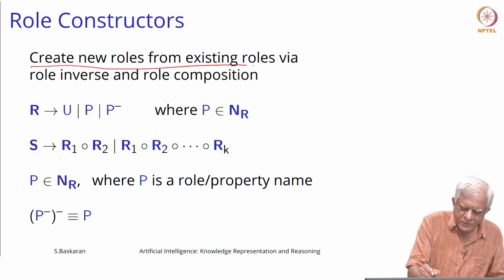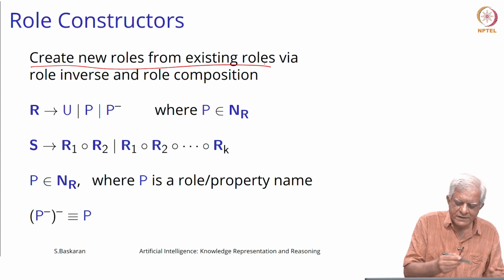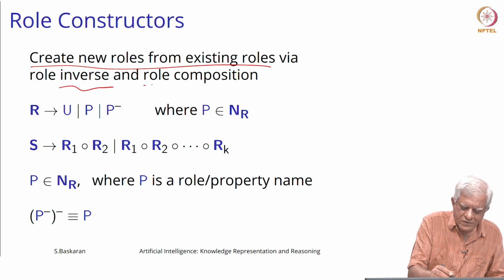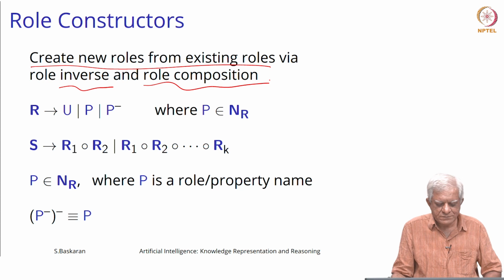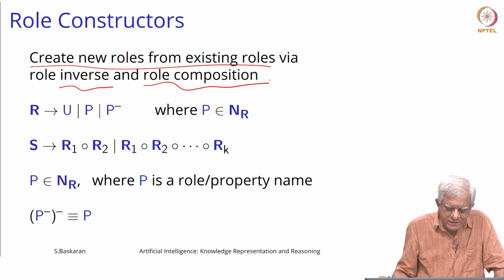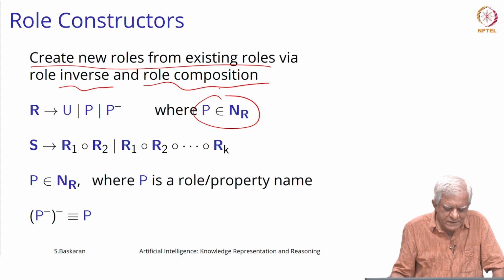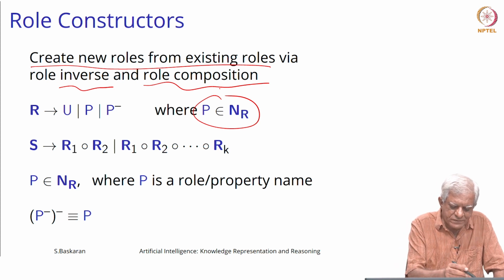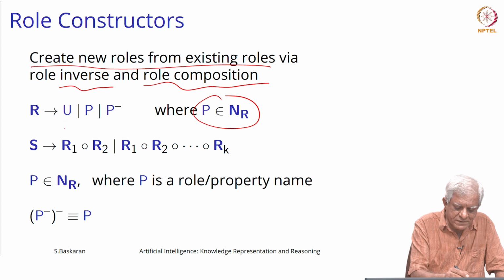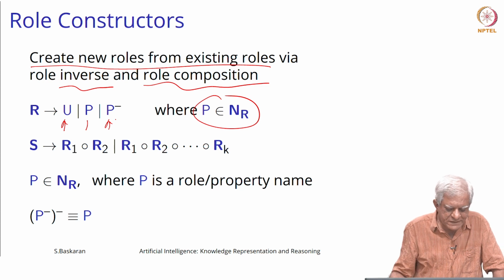So, we are interested in defining new roles from existing roles via either role inverse or role composition. So, if we have a role P which comes from the set of named roles, then we can talk about three kinds of rules. One is the universal rule, we will see this, the role itself or the inverse of a rule essentially.